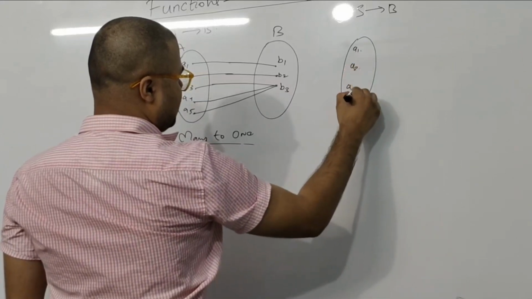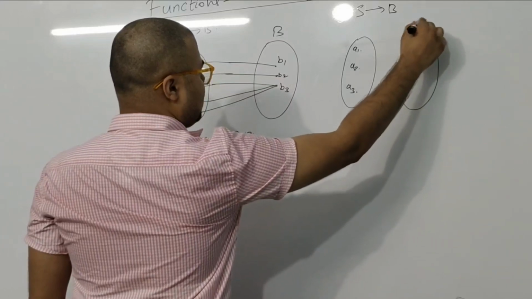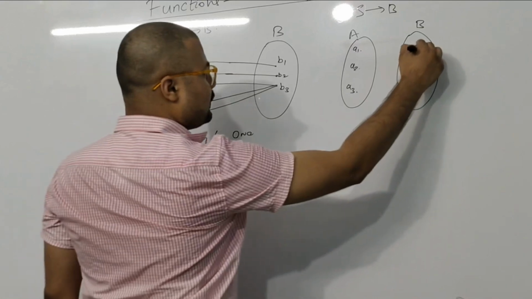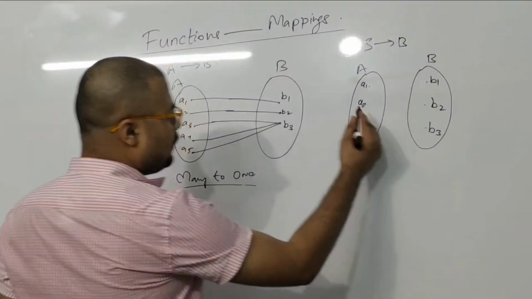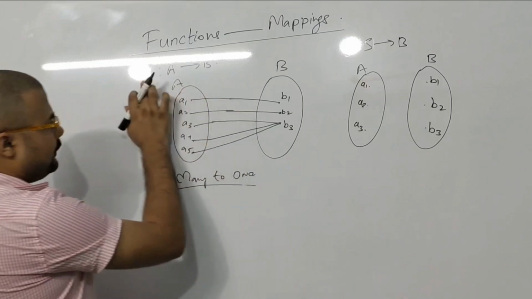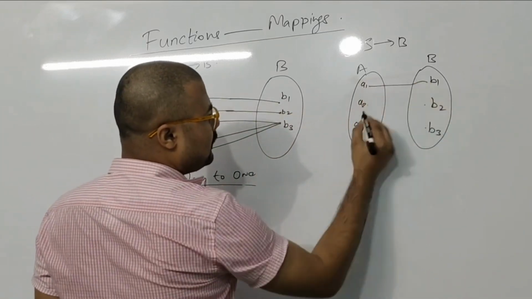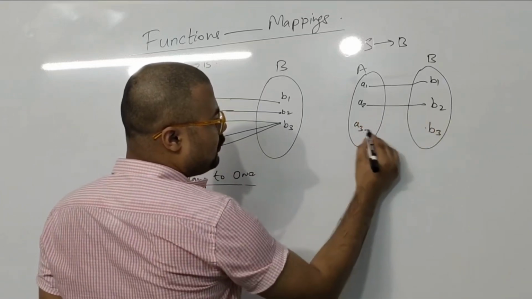This is your A, and this is B, with B1, B2, B3. Now, what would be the mapping if the rule is f only? A1 is mapped to B1, A2 is mapped to B2, and A3 is mapped to B3.